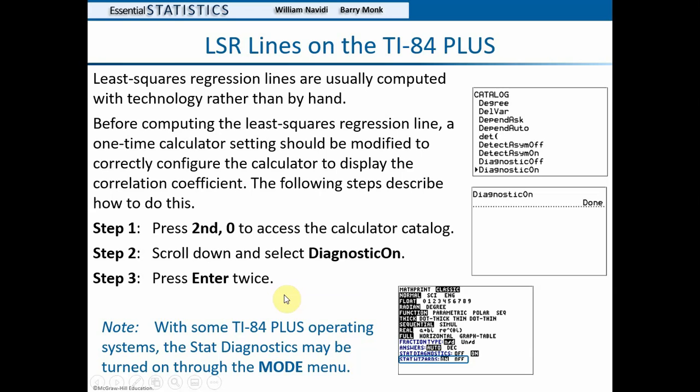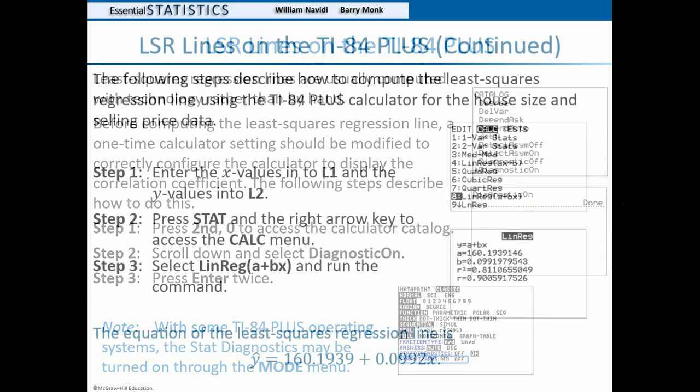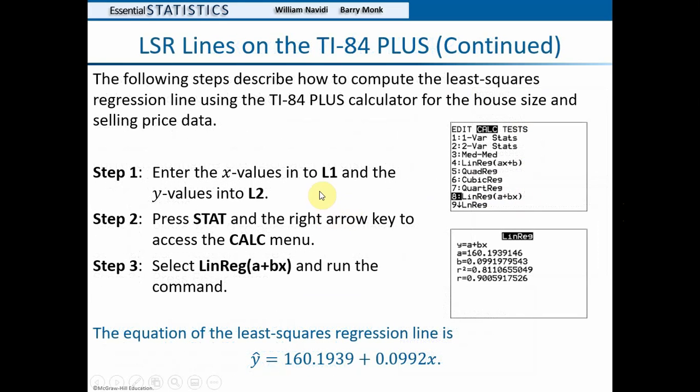So we can do this also on the TI-84 Plus. Go back and turn diagnostic on from your catalog, turn that on, and then we can go through and do the least squares regression line. L1, L2, go to calculate linear regression.